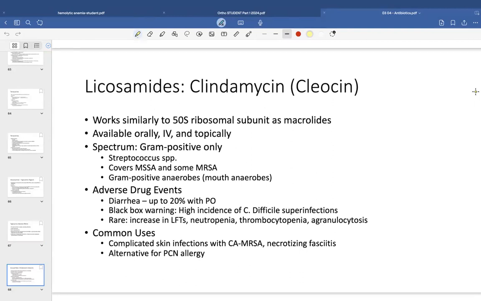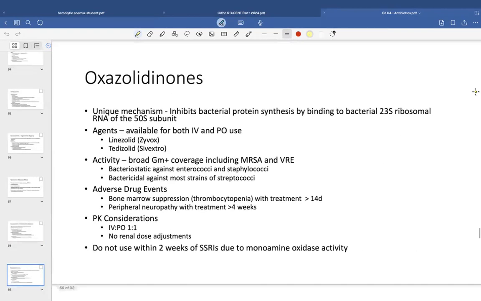Finally, this group, the oxazolidinones, are another agent that works on the bacterial ribosome. Really, its use is for MRSA and VRE.